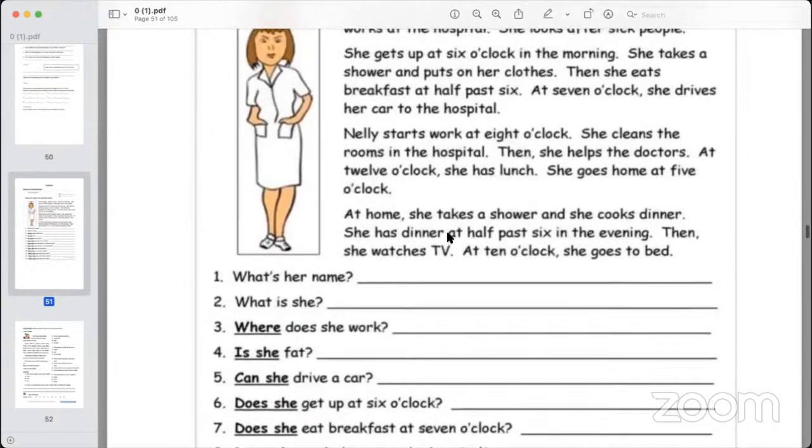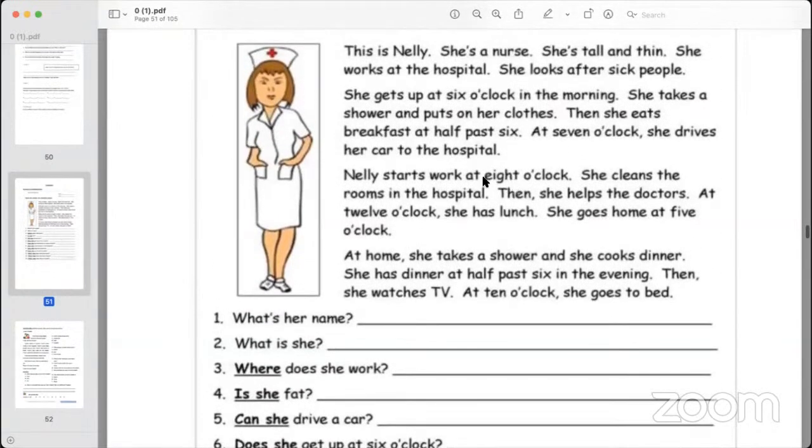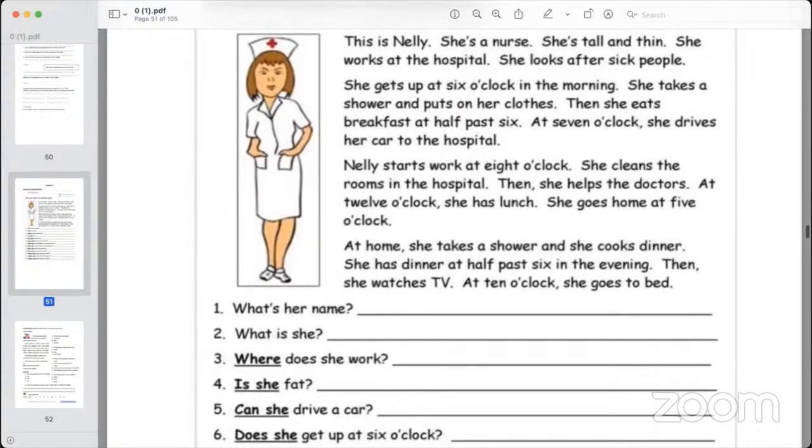So we're going to use this information given to us to help answer the following questions. It has to be in sentences, so do not write in one word. I will help you with how you can write in a full sentence. So what is her name? Don't say Nelly. We know her name is Nelly, but how do you write that in a sentence?